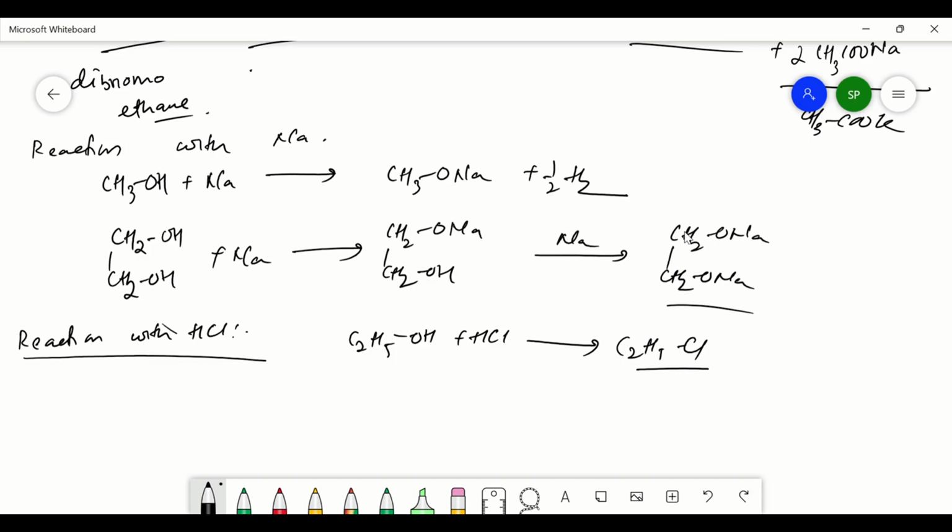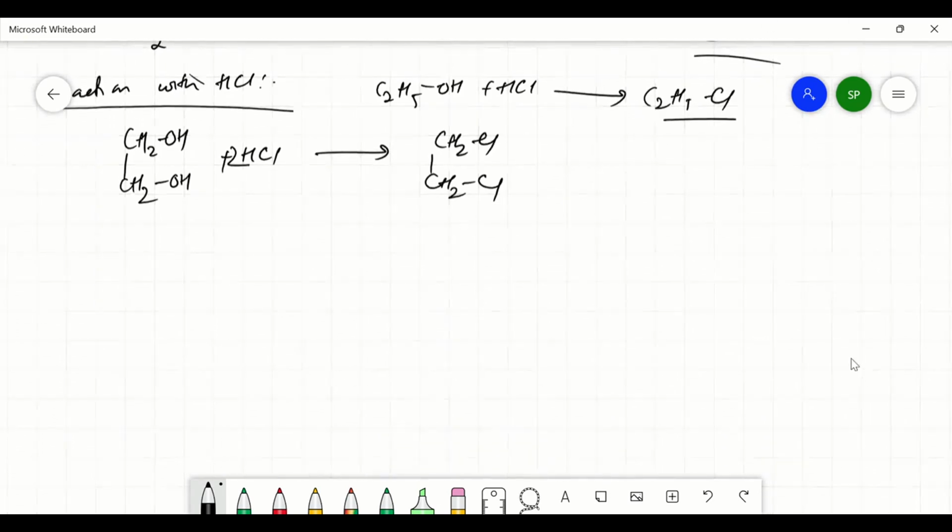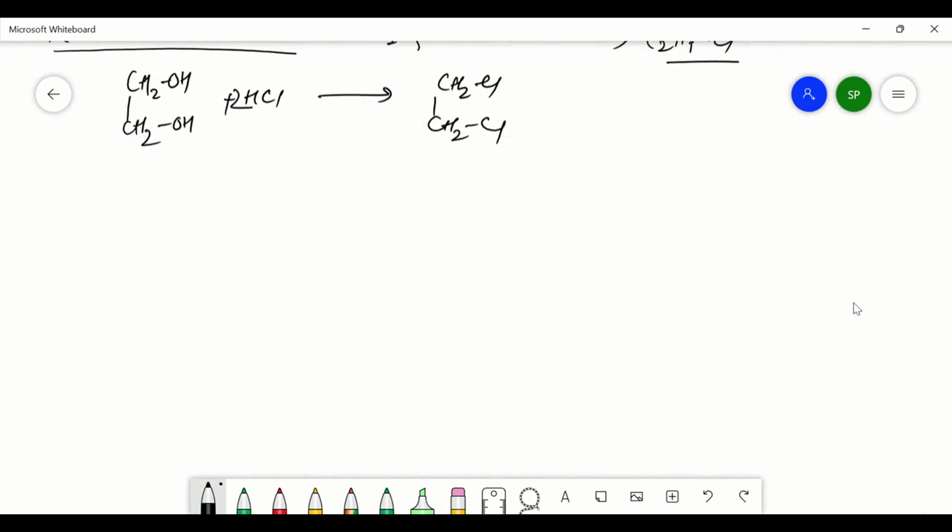Similar to that, if we react ethylene glycol, CH2OH single bond CH2OH, with 2 moles of HCl, this will form CH2Cl single bond CH2Cl. Diol reactions are similar to those of alcohols.